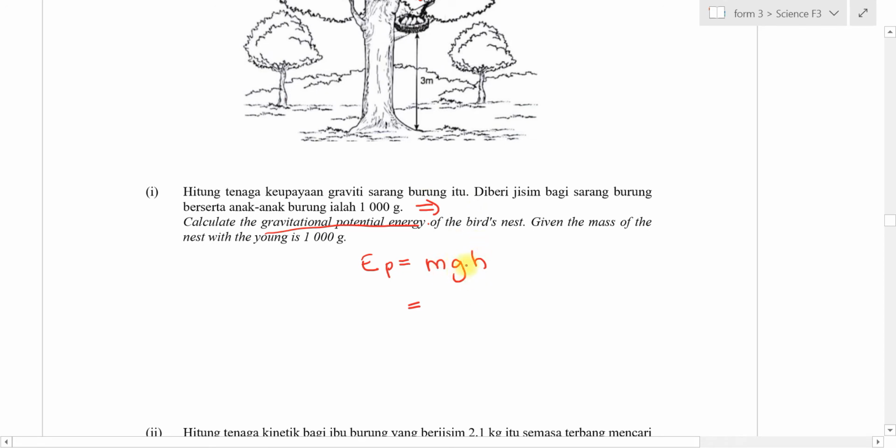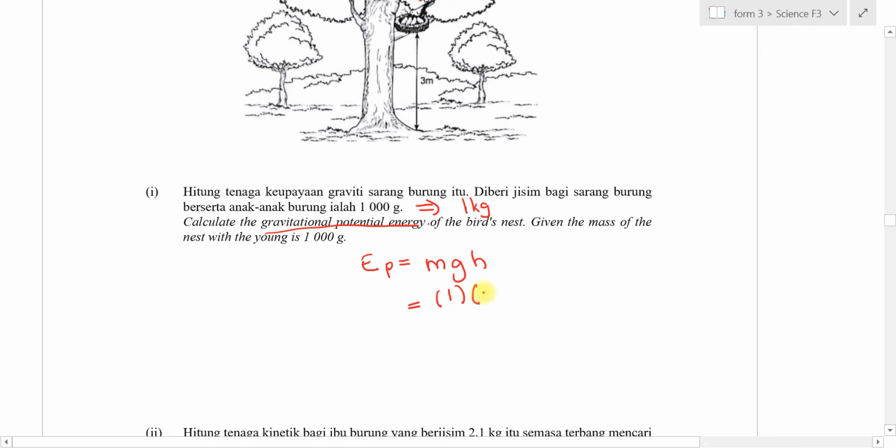Always remember, whenever you want to use a formula, make sure you are using SI units. You are not allowed to use any other unit. So your mass is 1000 gram. You cannot substitute 1000 because gram is not an SI unit. So it is 1 kg.